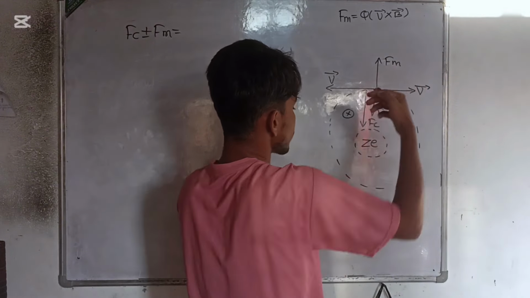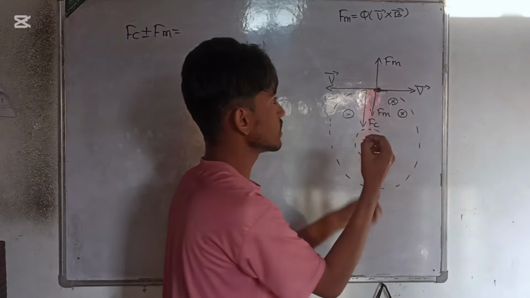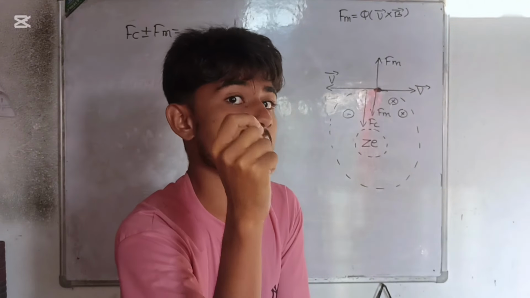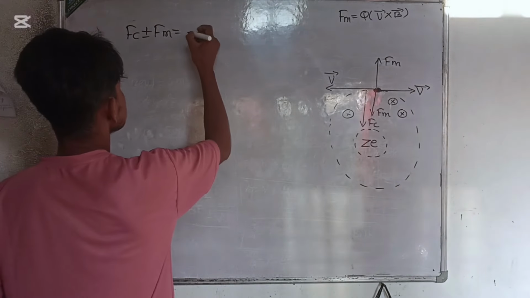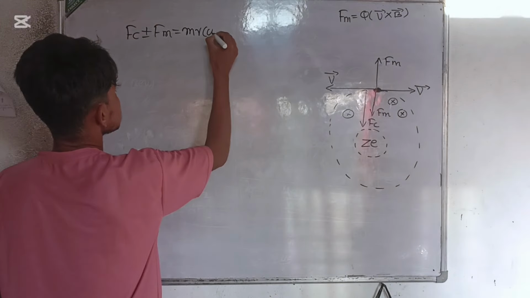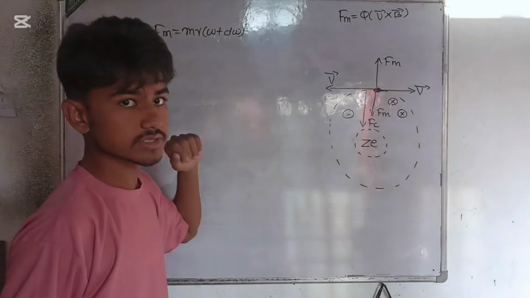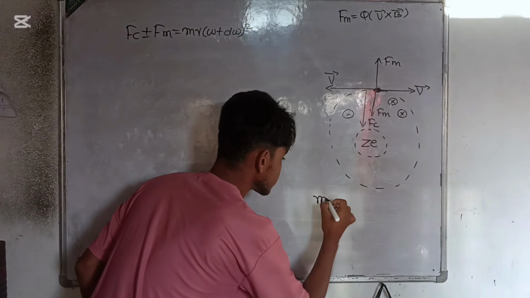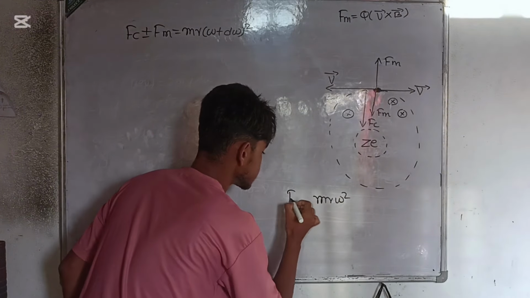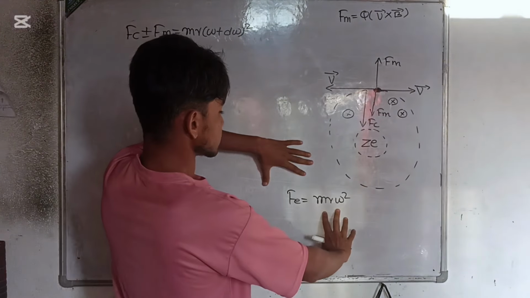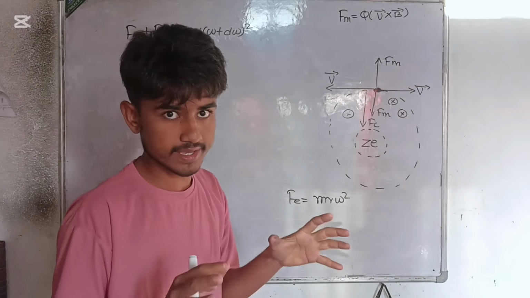So when you apply the magnetic field in that orbit, the electron's angular velocity will shift slightly. I am assuming that. And the new term will be m r (omega square plus d omega square). Why am I using this? I know that m r omega square is in equilibrium. When the magnetic field is not applied, the electrostatic force is actually m r omega square.